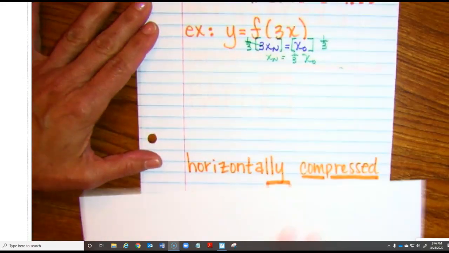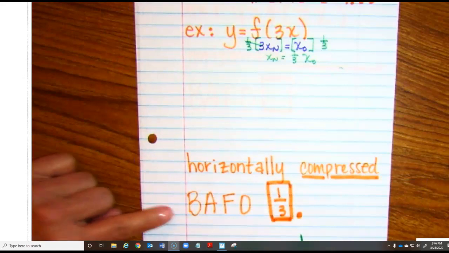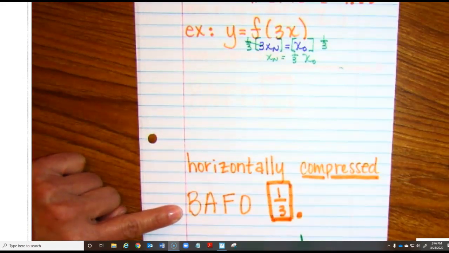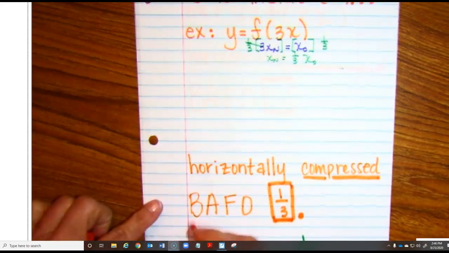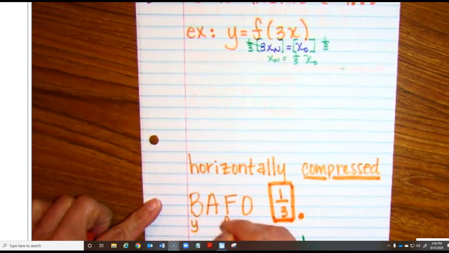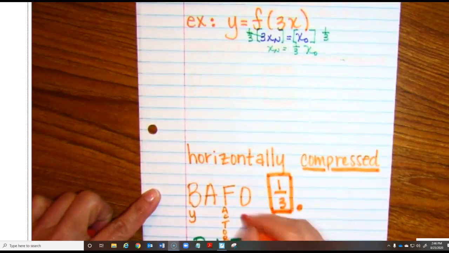we do have an additional piece of information, which is very important. That looks like a brand new word, BAFO, and you'll hear your teacher say BAFO, but what that really stands for is by a factor of. So this is by a factor of 1/3.